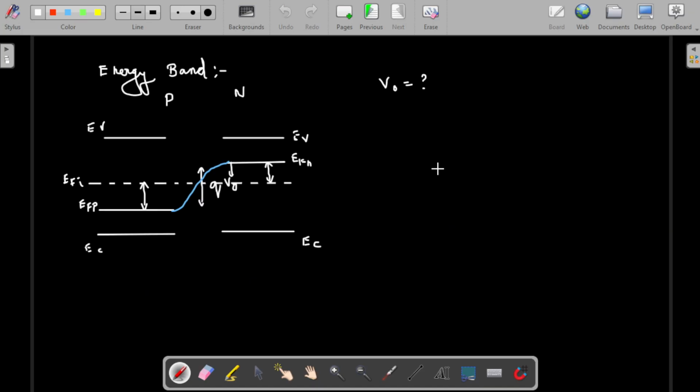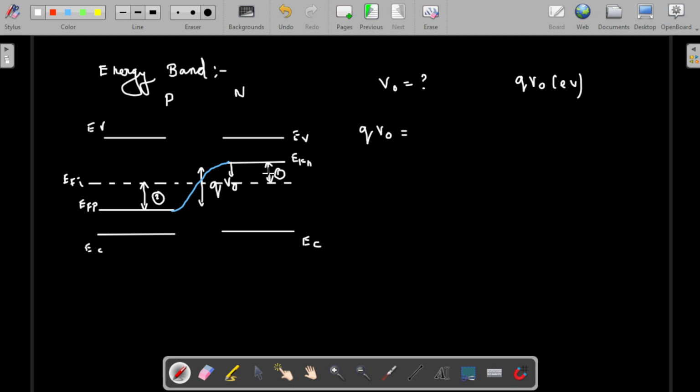So today we are going to find V0, the built-in potential that gets developed. We know that qV0, which is termed in eV, is an energy level. From this, how can we find the built-in voltage potential? We know that qV0 is the summation of the first energy level gap and the second energy level gap, that is EFn to EFi and EFi to EFp.